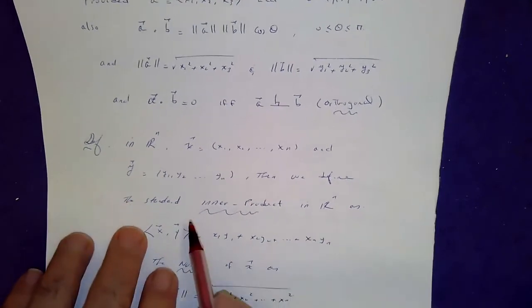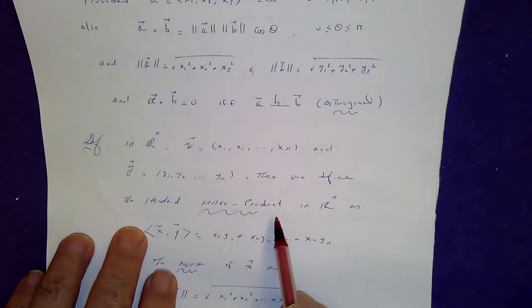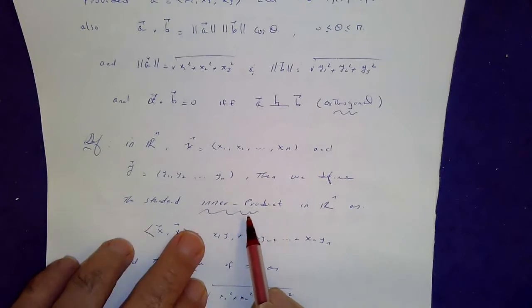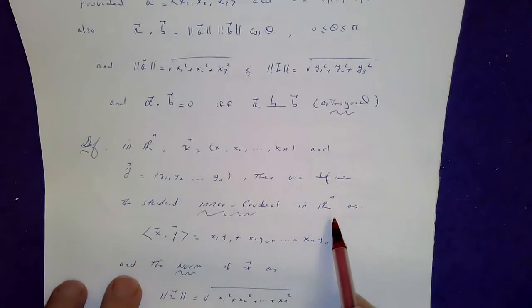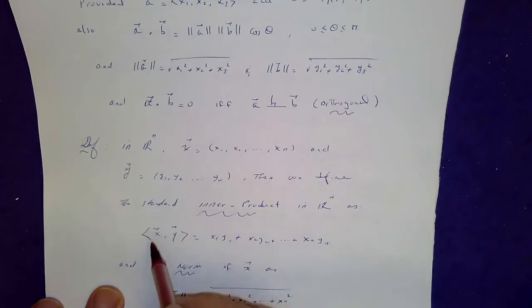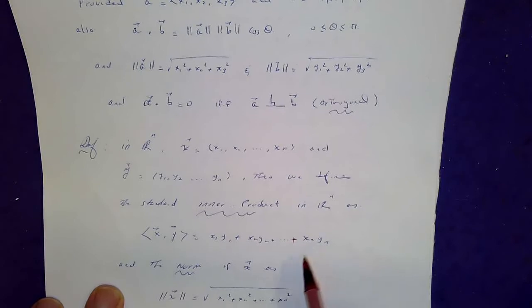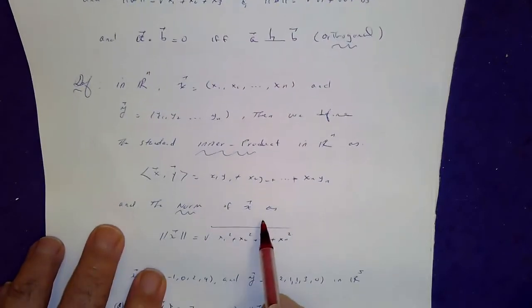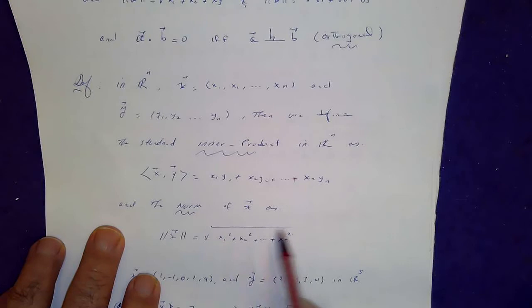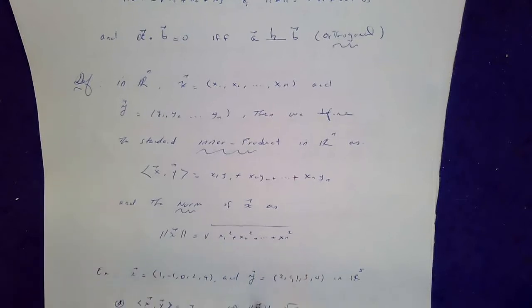So we define the standard inner product, that's what we call dot product in higher dimension, inner product in Rn, as here's the notation, x1 y1 plus x2 y2 all the way to what? xn yn. And the norm of the vector in higher dimensions is square root of x1 squared plus x2 squared all the way to xn squared.